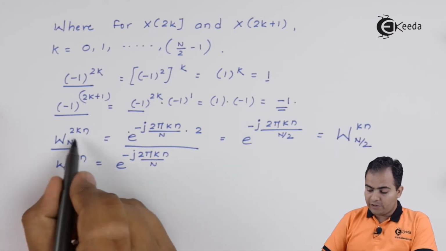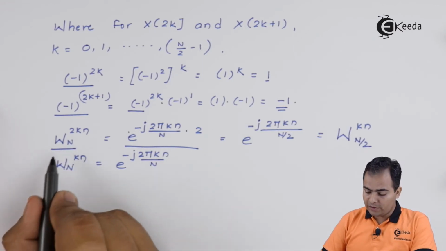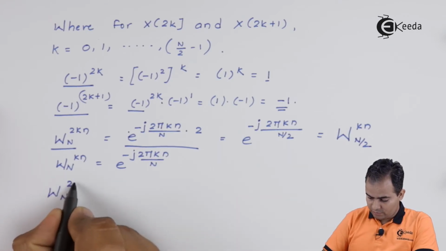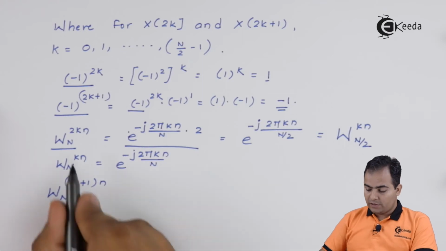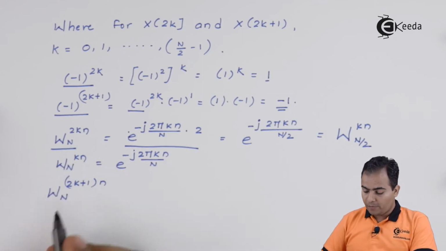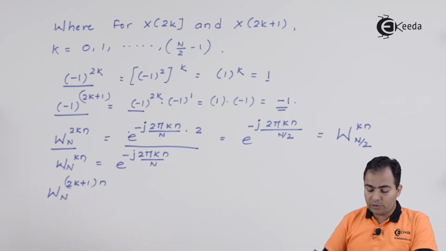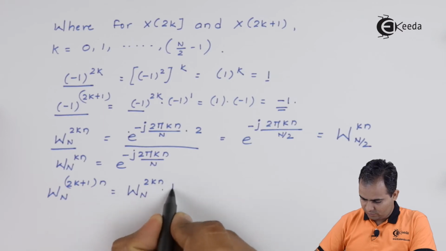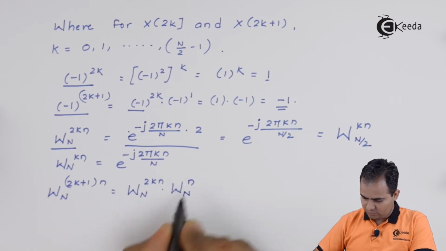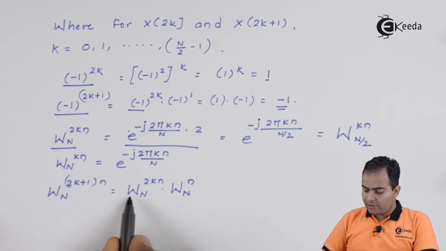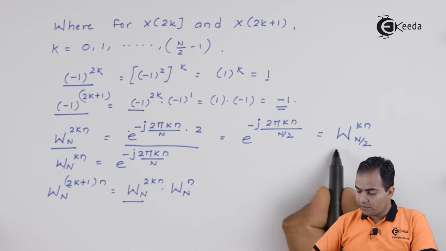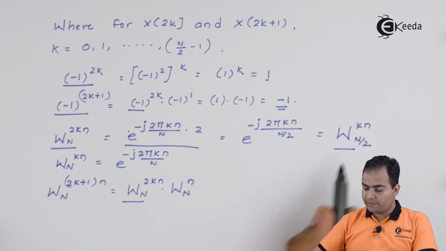Now we have one more formula or one more value in this last equation. That equation was, this one is for even, whereas this one is for odd. Omega n to the power 2k plus 1 into n. So first of all we will split both the orders. So we have calculated this omega n to the power 2kn value, and for this value we have got the answer.